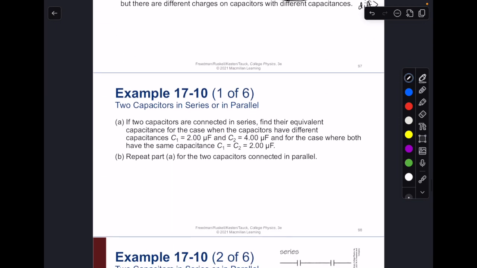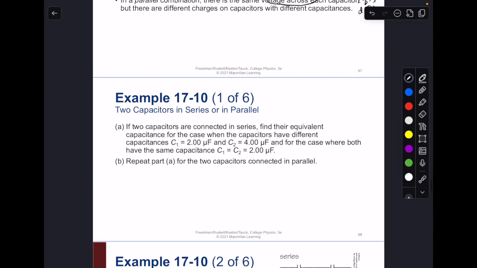So let's do an example. If two capacitors are connected in series, find their equivalent capacitance for the case when the capacitors have C1 equals 2 microfarads and C2 equals 4 microfarads, and for the case where they both have 2 microfarads.